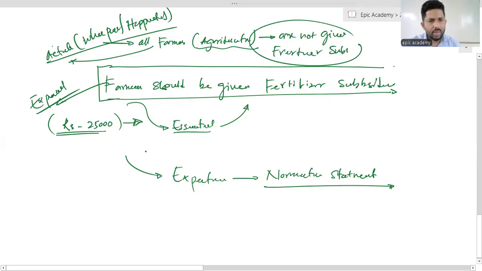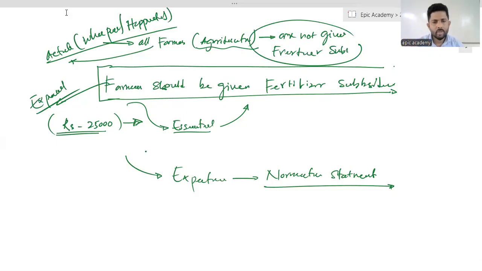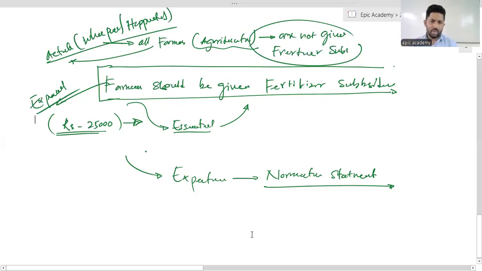That's the difference between normative and positive statements. This belongs to the normative statement. We have already discussed the difference between positive and normative statements, and now this is the time to compare them.